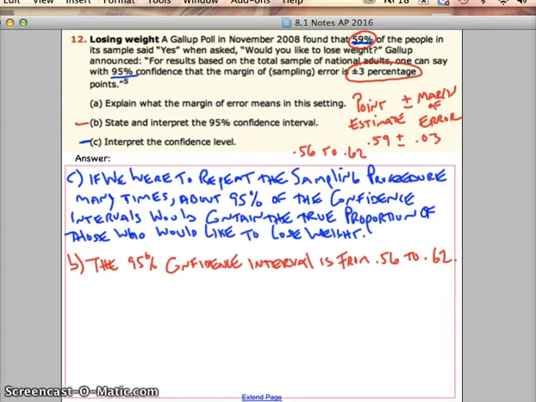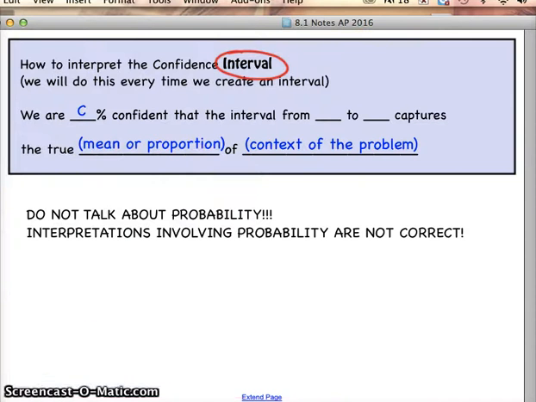If you go back, here, this is how we interpret the confidence interval. If you would like to memorize this statement, it's a pretty easy statement, and we're going to be using it a lot, so I think it would be to your benefit to memorize it. So we're going to say we are 95% confident that the interval from 0.56 to 0.62 captures the true, in this case, proportion of the people who want to lose weight.